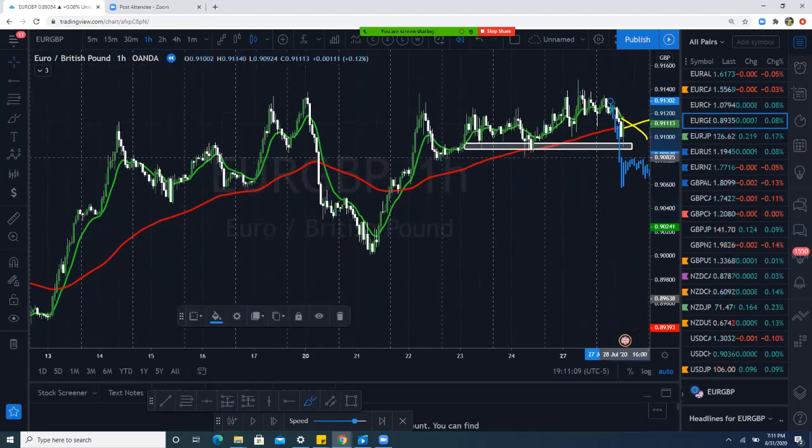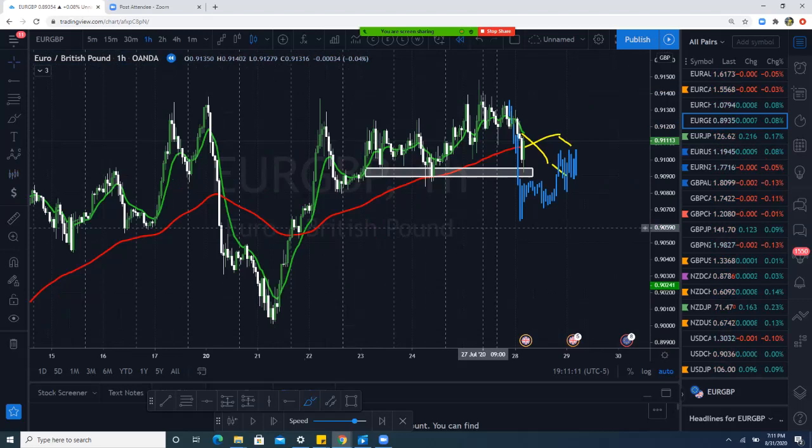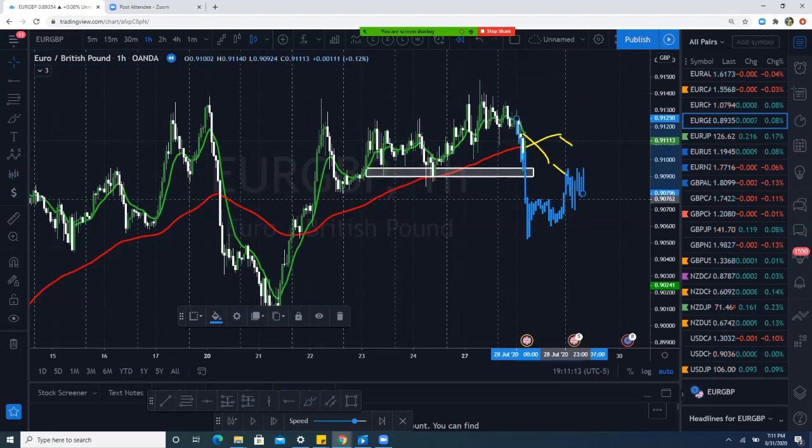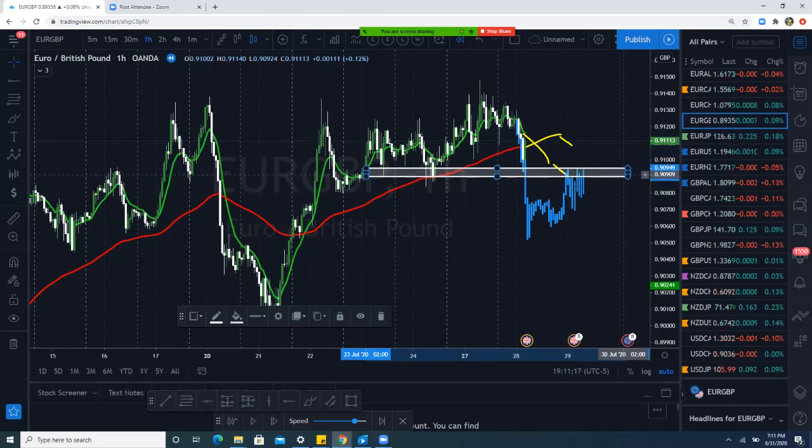What you're going to look for is something like this, where price comes and then retests that line. So you got the price breaking the support, the moving averages are crossing back down, and then you're looking for that retest.